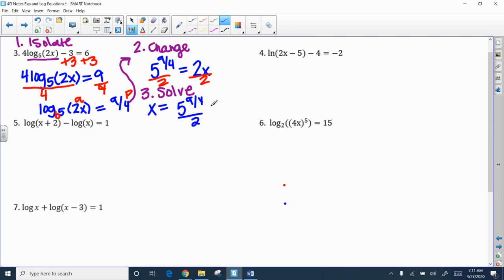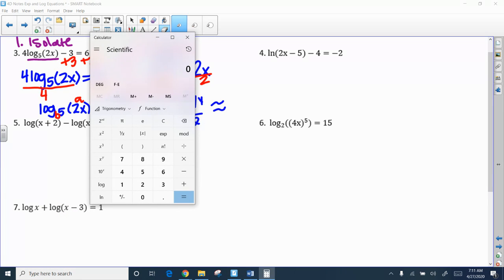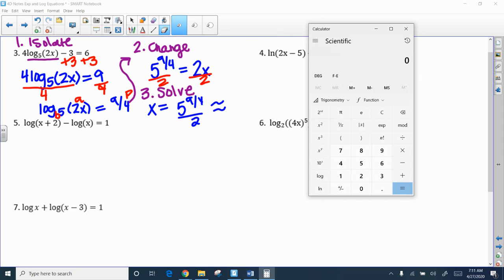As I said, I'm going to approximate that using a calculator. We need some kind of calculator as long as it does exponents. I'm doing 5 to the 9/4 power. I'm going to put 9/4 in parentheses just to make sure it does the correct power on my calculator.